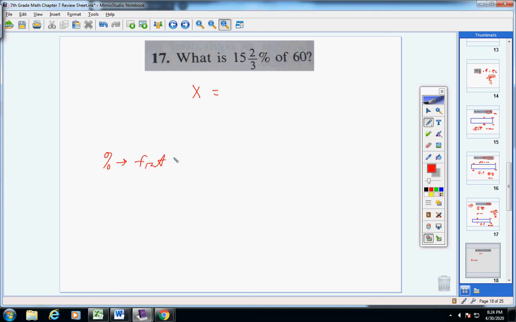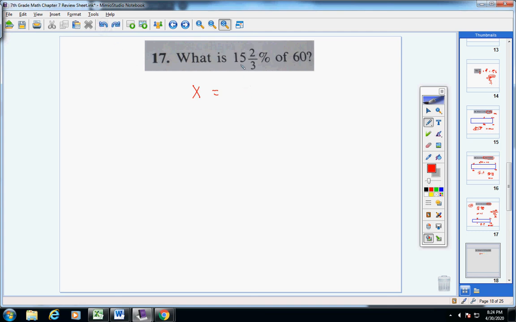You take the percent and you divide it by what? 100. Got it? Guys, look, you can't put 15 and 2/3% in a problem. You have to convert it to either a decimal or a fraction. I'm going to convert it to a fraction.